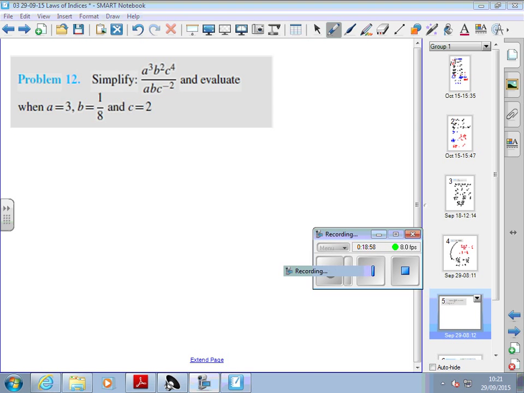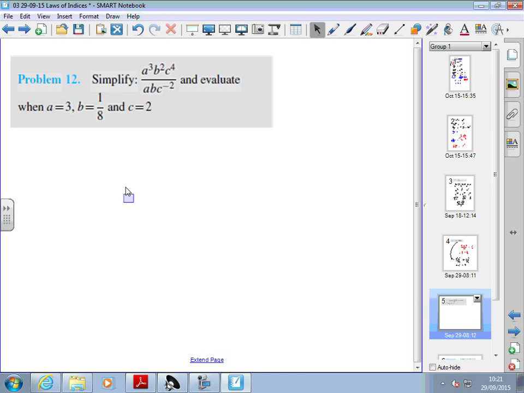I've got a cubed over a, which is a to the 3 minus 1, because I can think of the a underneath as just being a to the power 1. The b's, I've got 2 minus 1, because I'm subtracting the powers because they're divided.